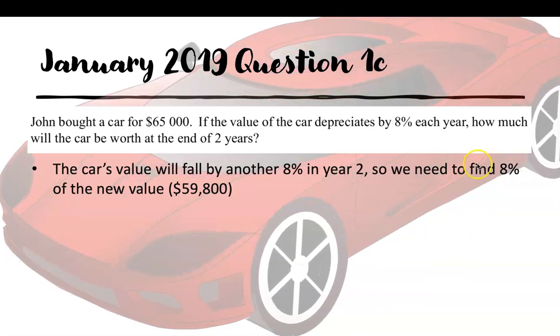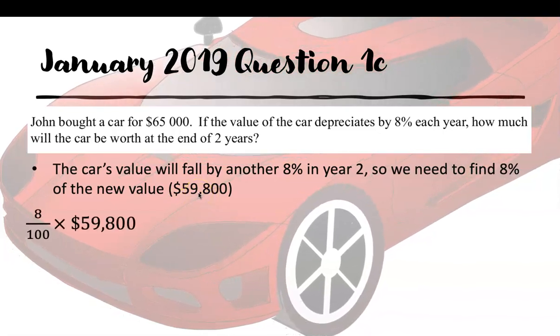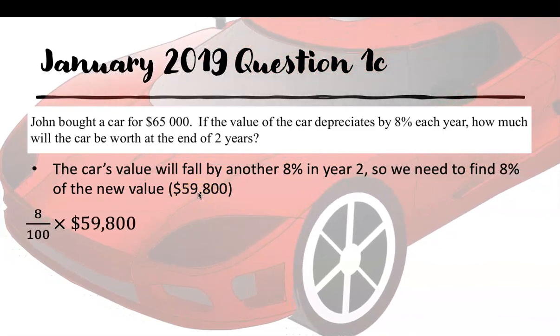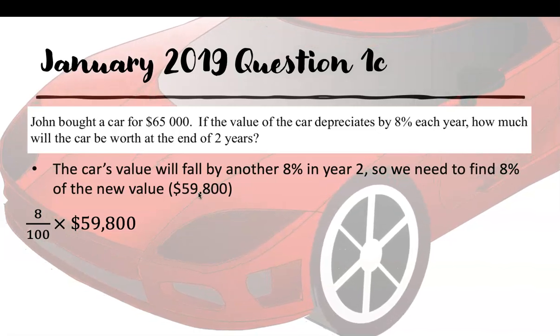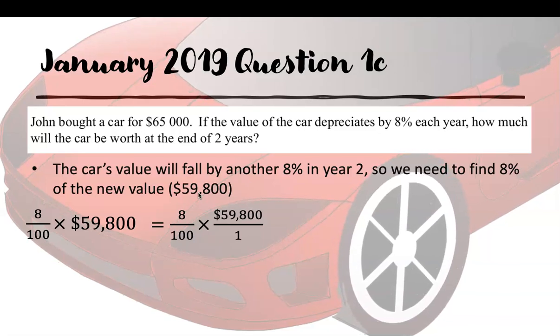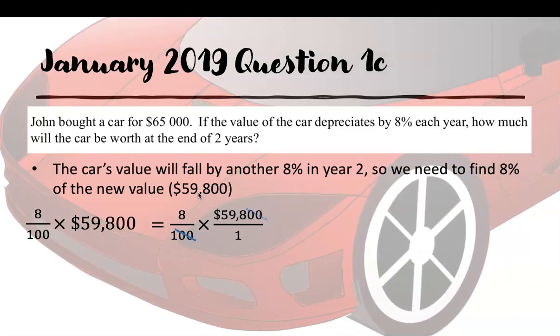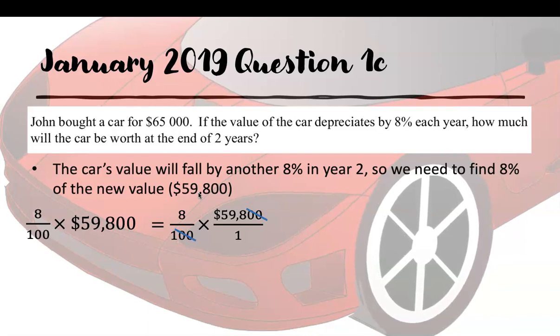So we need to find 8% of the new value, 59,800. So again, we simply say 8 over 100 multiplied by 59,800, which can be expressed as 8 over 100 multiplied by 59,800 over 1. Again, cancel, and we are left with 8 multiplied by 598 to give us $4,784.